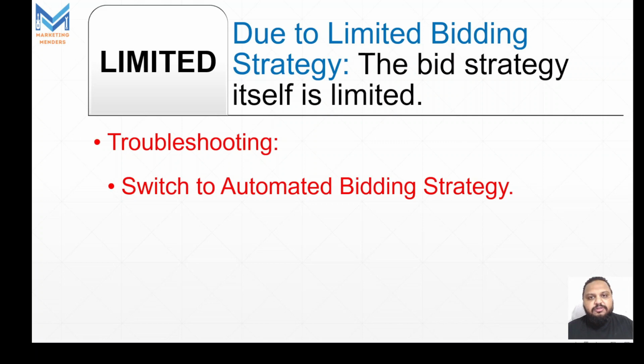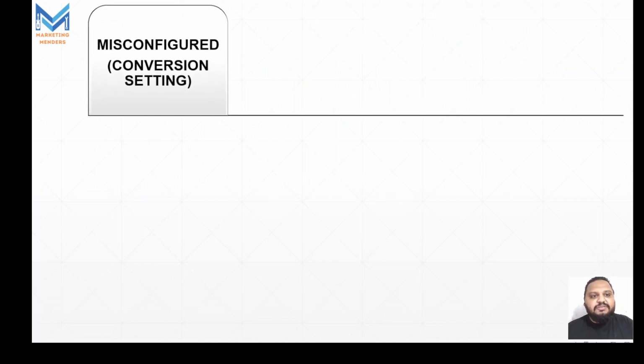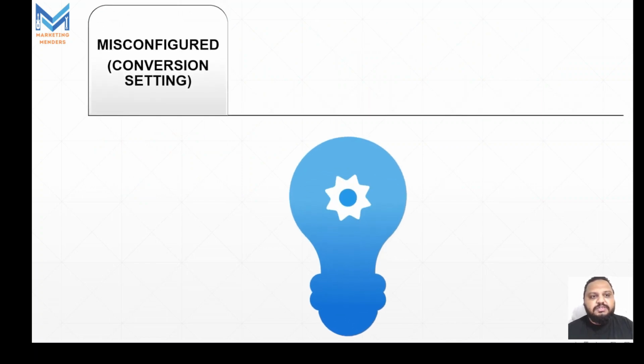Okay, so that's all about the limited bid strategy status. Now let's see the other types of statuses available on Google Ad. What is the meaning of that? Misconfigured conversion setting. Again, this is a very interesting kind of bid strategy status, and as the name says, misconfigured. I'll give you an example.